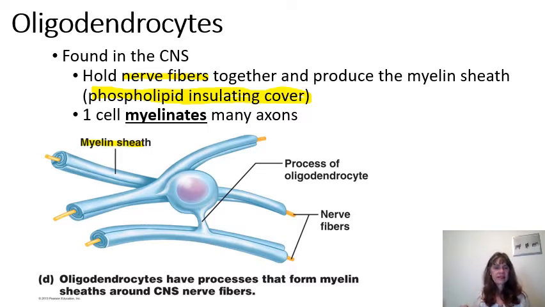They can extend their membrane to myelinate more than one axon or nerve fiber. So remember, one cell can myelinate many axons. This is not true for Schwann cells. We'll see that when we look at the neuroglial cells in the peripheral nervous system.